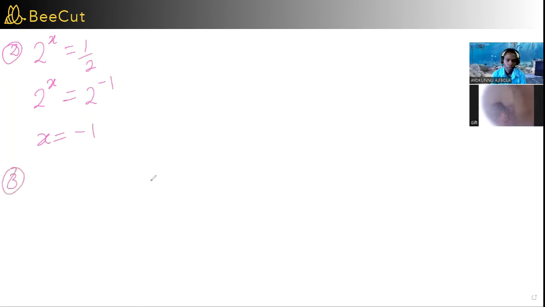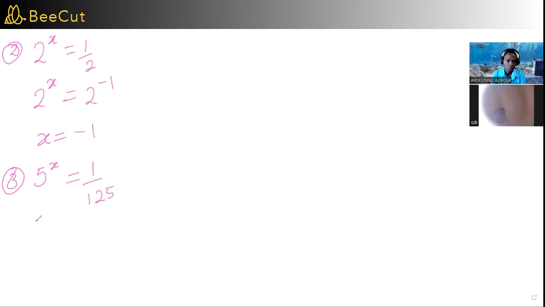Then we can look at the third question there. For this third question, it says 5 raised to power x equal to 1 over 125.